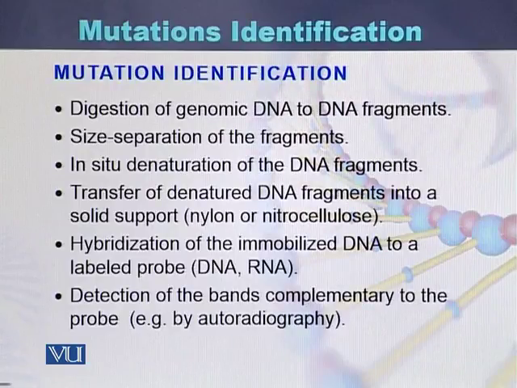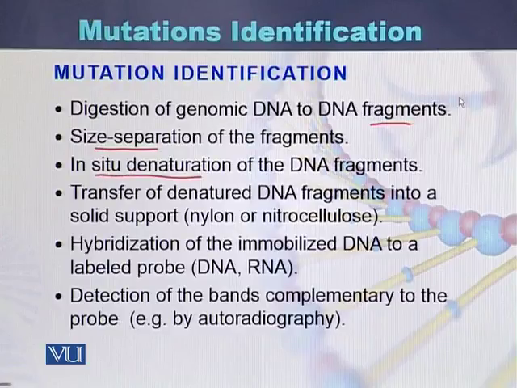This is the procedure for how mutations are identified. The DNA is digested into small fragments. Once the DNA is digested, those fragments are separated based on size. Then there is in situ denaturation of the DNA fragments. Then these denatured fragments are transferred to the membrane.